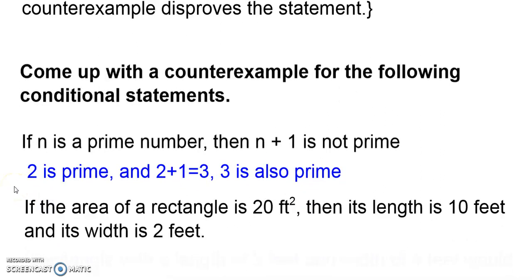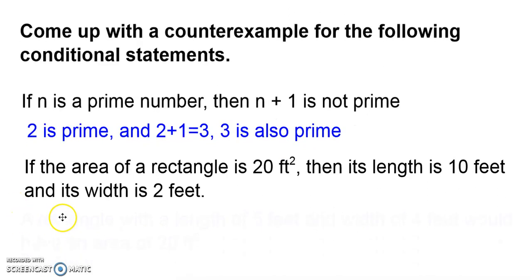Another example, if the area of a rectangle is 20 feet squared, then its length is 10 feet and its width is 2 feet. Well, we know that we get the area of a rectangle by multiplying length times width. So if we can find any other numbers that would multiply to get 20, that could be the length and width, then that would disprove this statement.